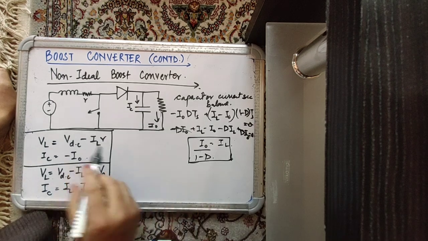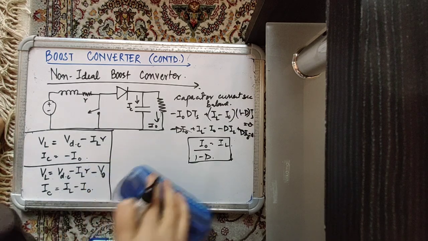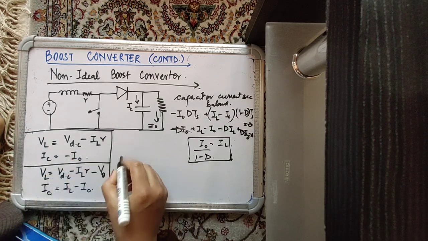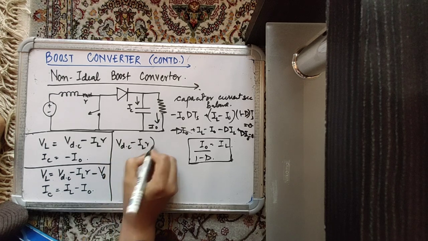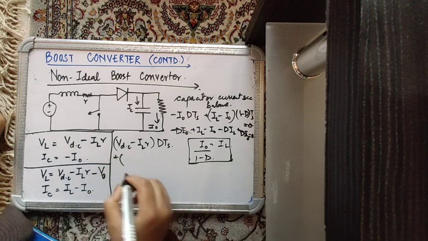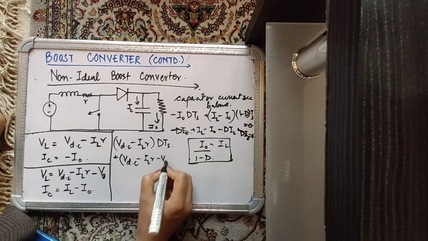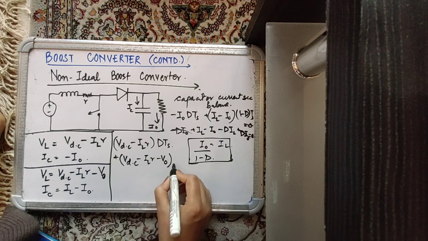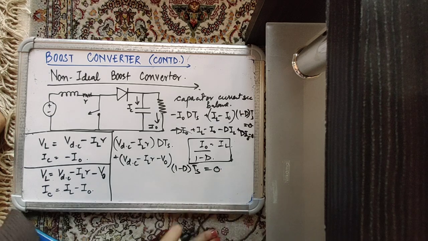Now let's use the inductor volt second balance. So we have (VDC minus IL R) for DTs, and then the inductor voltage is VDC minus IL R minus V naught for the interval (1 minus D) Ts, and this whole thing is 0.